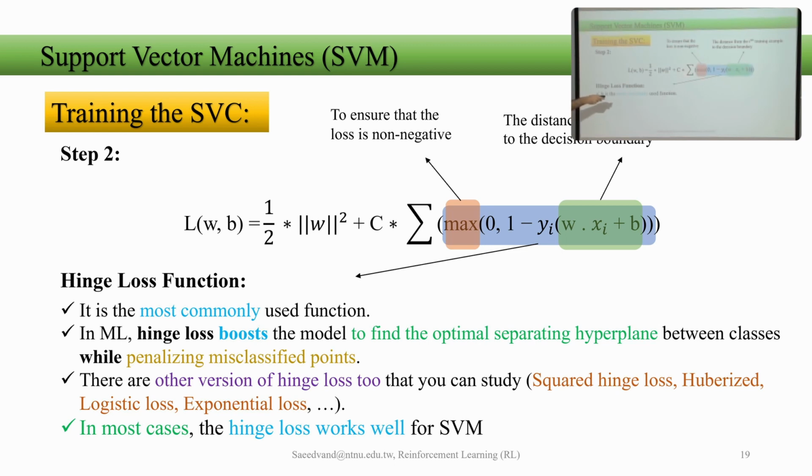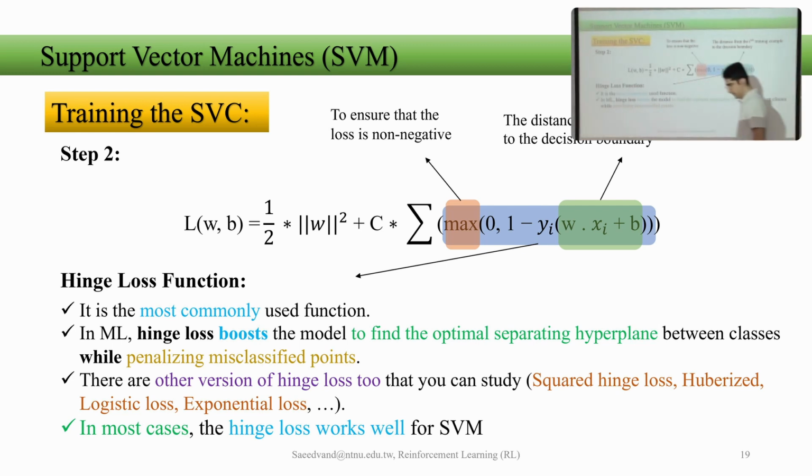We use this Hinge function to extend it, and we will see how we can add some kernels into that. The Hinge objective is to boost the model to find the optimal separating hyperplane that at the same time also gives penalties to the data points that are inside the margin.